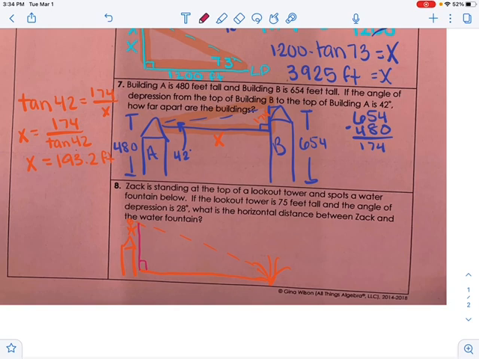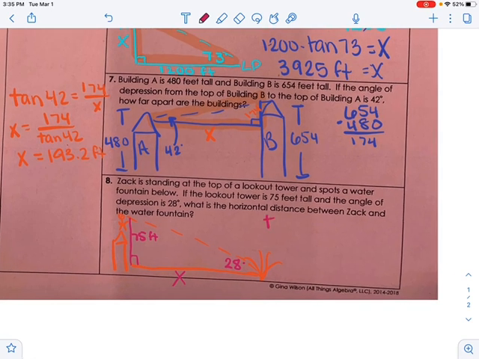Again, he's looking at the fountain, so that angle of depression goes in front of the fountain. And we know the lookout tower is 75 feet tall. We want to know how much distance is between the tower and the fountain, so we'll put x. And just like everything else, we haven't had a hypotenuse.